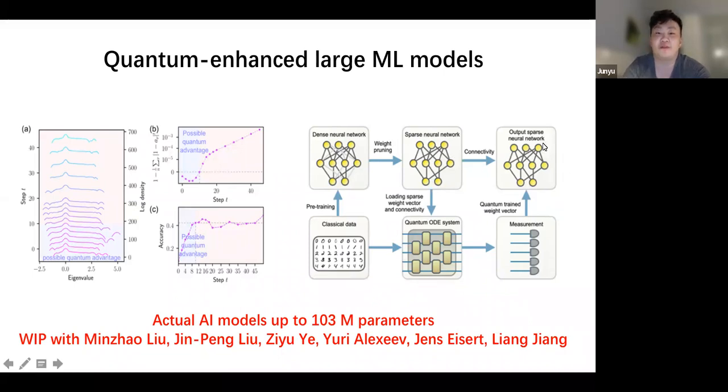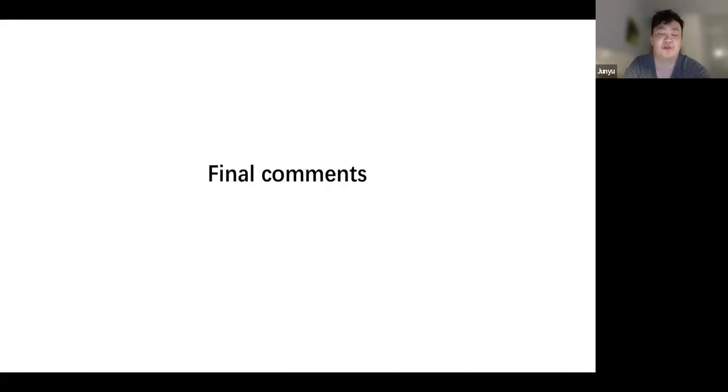This is basically the pipeline of the algorithm, and we did some benchmarks of our theory, together with a proof of how the theory works, with guaranteed performance for stochastic gradient descent. Okay, I'm almost at the end.